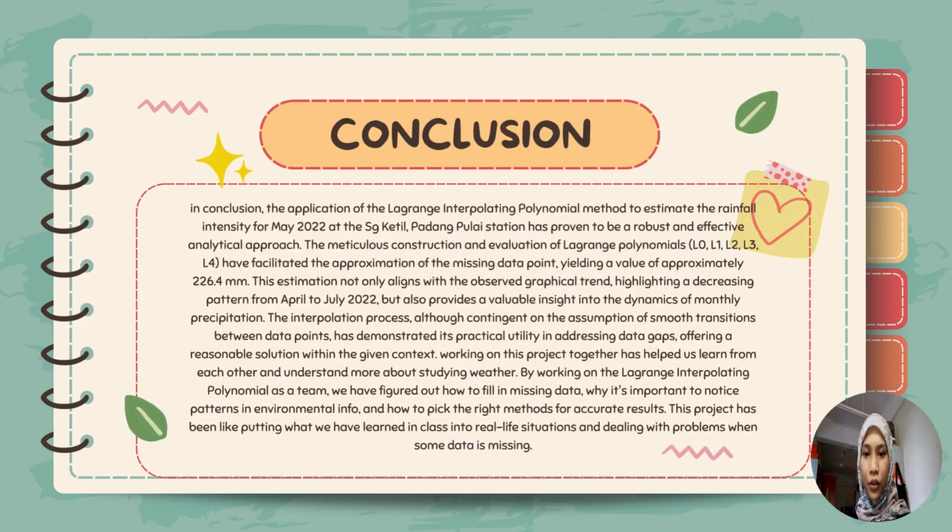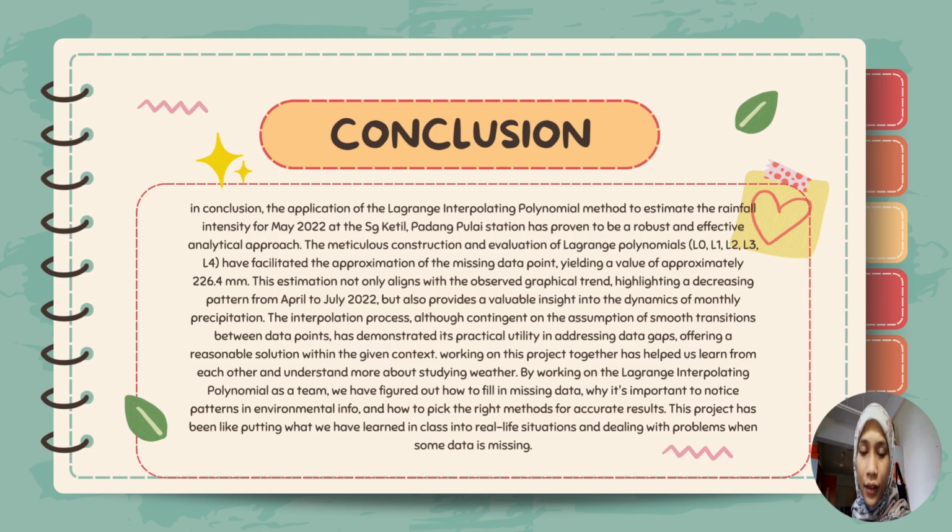Last but not least, in conclusion, the application of the Lagrange interpolating polynomial method to estimate the rainfall intensity for May 2022 at Sungai Kecil, Padang Ulai Station has proven to be a robust and effective analytical approach. The meticulous construction and evaluation of the Lagrange polynomial have facilitated the approximation of the missing data point, yielding a value of approximately 226.4 mm.